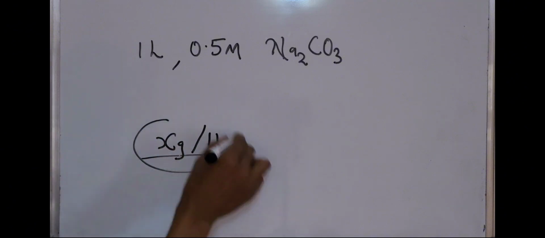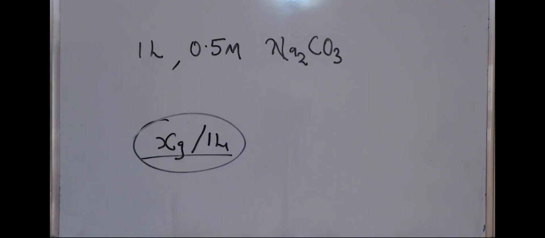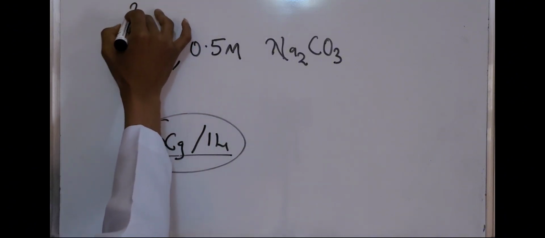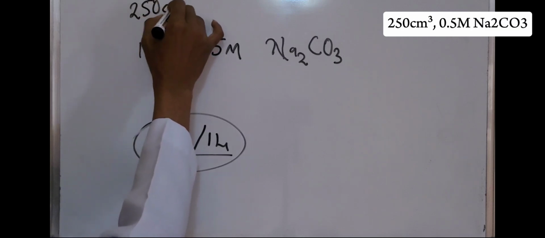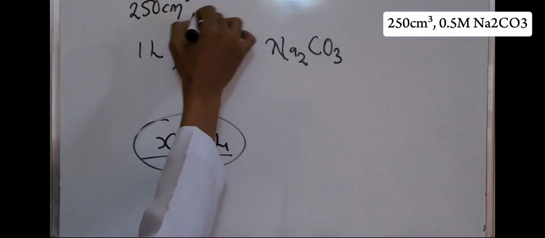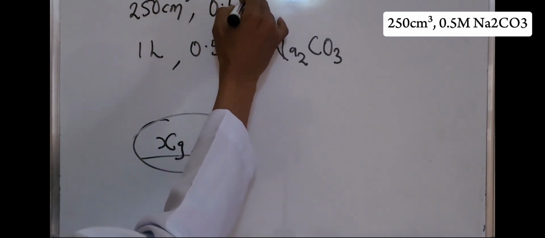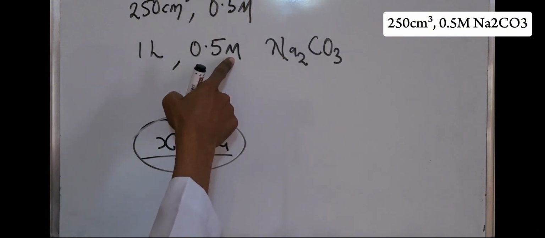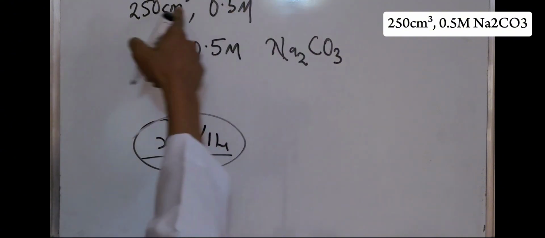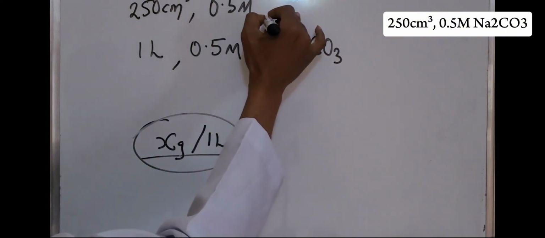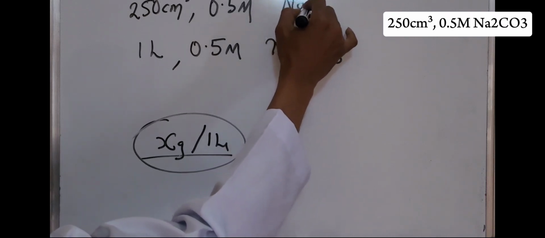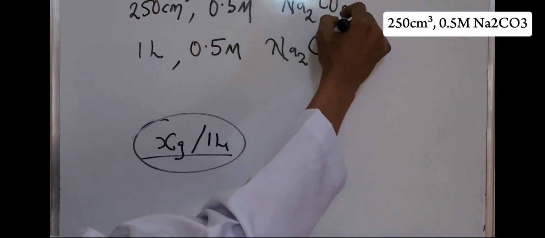This is how you're going to present the answer. If you're asked to prepare, let's say, 250 cm cube of the same concentration, this is molar concentration, this is the volume of the same compound, sodium trioxocarbonate IV.